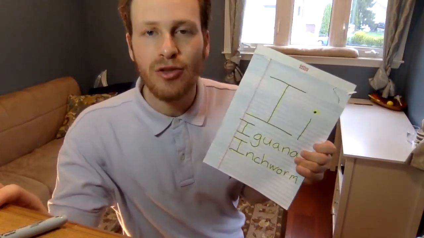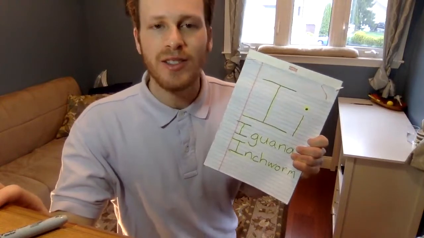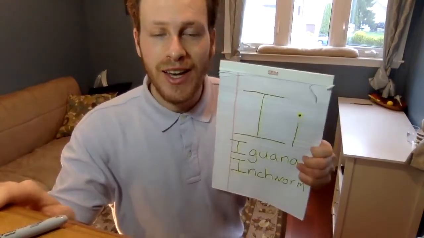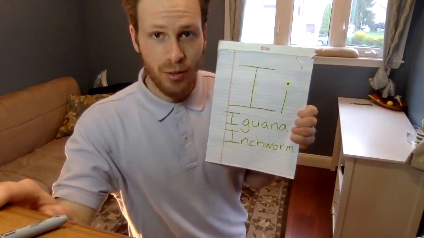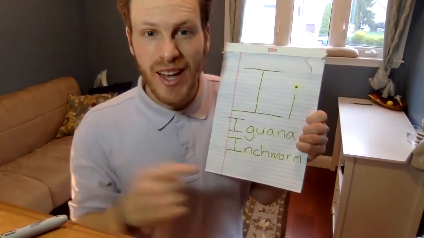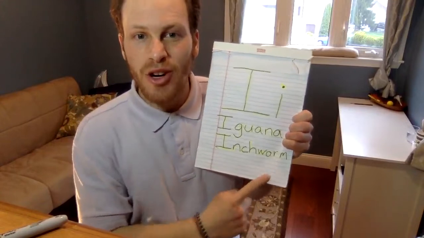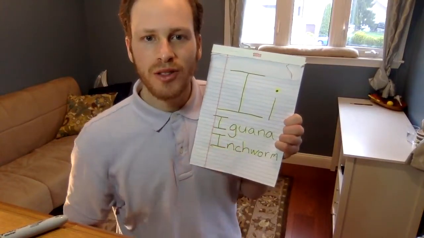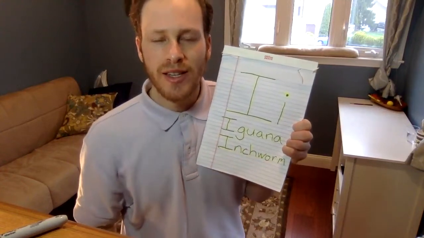So drawing is a great way just to take a break and just do something fun that we like to do, get our brains creative and expressing ourselves in something that we like. Okay, so for our drawing today, we did our last I word, insect. So we did our iguana crawls, our inchworm exercises, and drawing our insects. All right? Otherwise, round of applause. That's our activity for today.